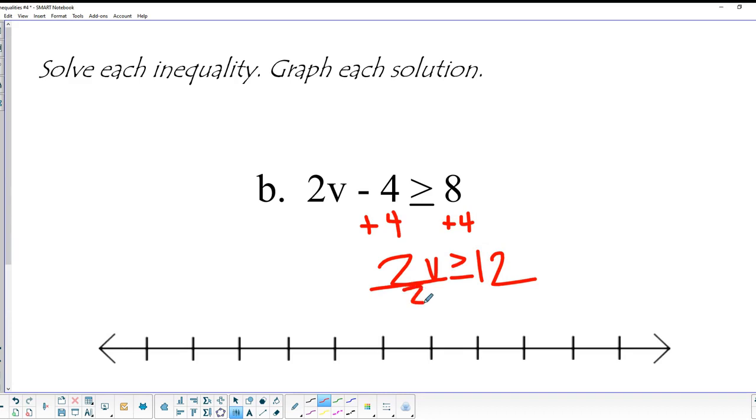Then we divide both sides by 2, and we end up with v is greater than or equal to 6. So if we come down and find what we would designate as our 6, then you'd make a solid or colored in dot there with an arrow going to the right.